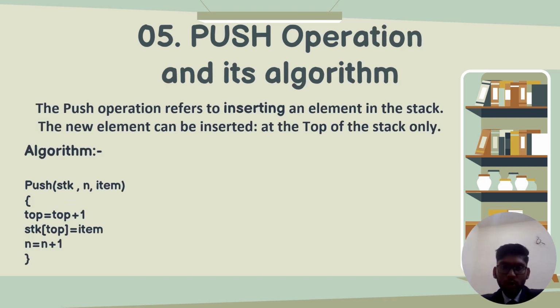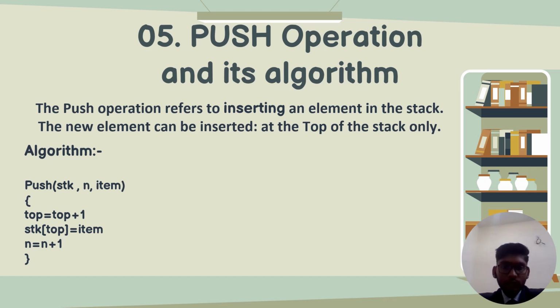So what is the push operation and its algorithm? We discussed that the push operation refers to inserting an element in the stack. The new element can be inserted at the top of the stack only. We have discussed this previously also. The algorithm of the push operation: when we push an element in the stack, the top is increased, as I explained previously.